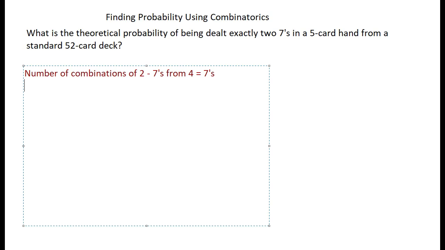Now the next thing we have to find is the number of combinations of 3 non-7s. I'm going to use the pound sign for number.